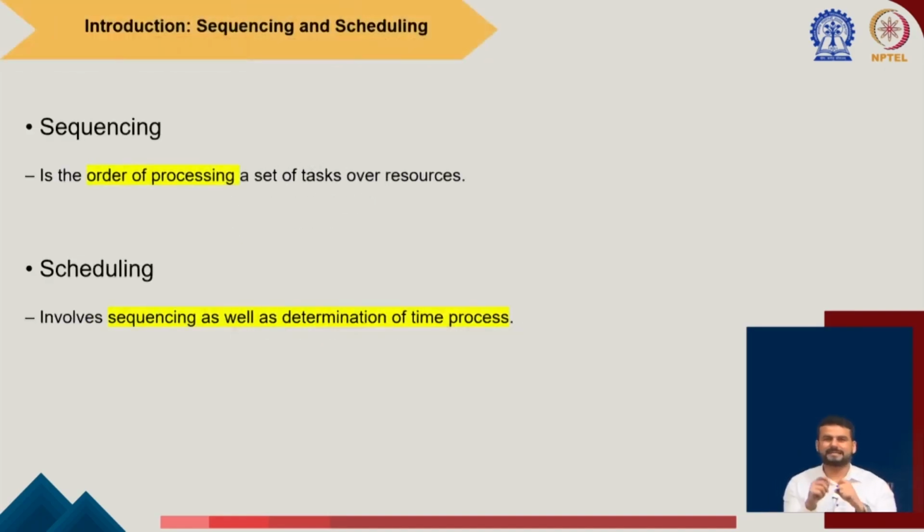So, sequencing, as I told you, is the order of processing a set of tasks, right, how we should plan all the tasks in a particular sequence, and scheduling is sequencing as well as finding out the time, right, how much time is required on one machine, how the same job will move from one machine to another machine, because that job requires processing on machine 1 as well, machine 2 as well, and then will go on machine 3 or maybe more than that, right.